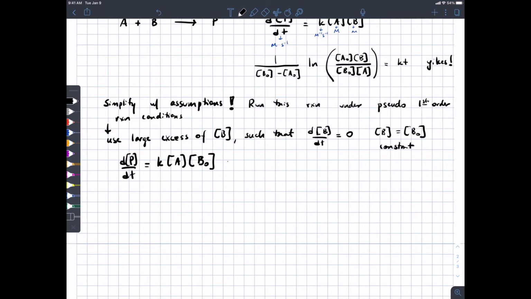And because that's constant, our rate law actually looks like it's only first order in A. The constant concentration of B gets folded into this rate constant.